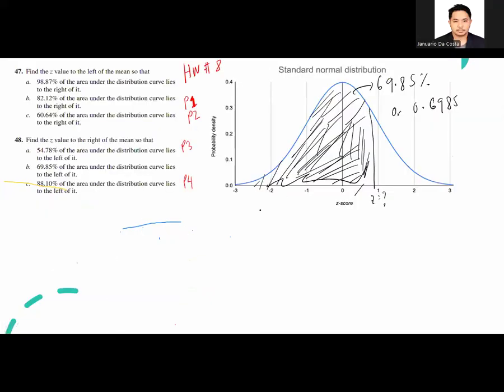Okay, so now all you need to do is simply write the probability of the z value of unknown, which equals 0.6985, is equal to 0.52. Correct?